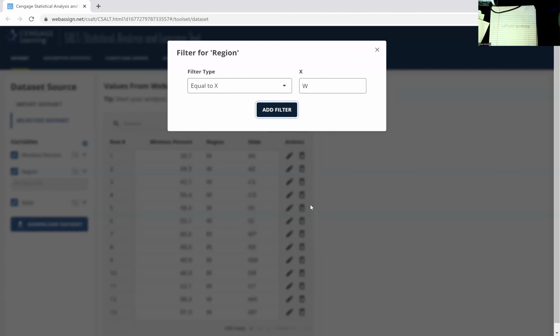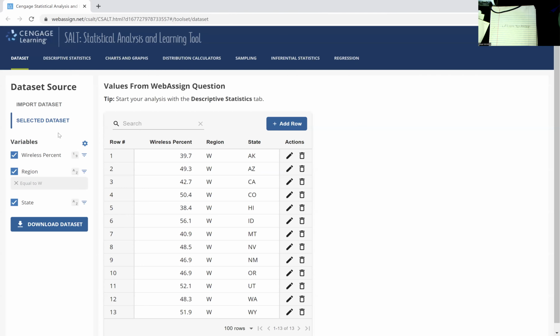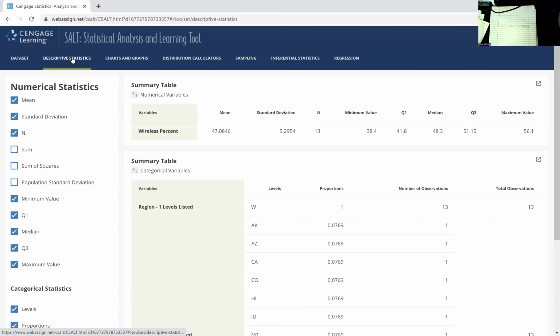So we're allowed to add a filter. Now, when I do the descriptive statistics, it's going to be for the Western states only. Do you see this region, the Western states? So we've got it loaded right. We'll do the descriptive statistics for the Western states. The mean is 47.0846.